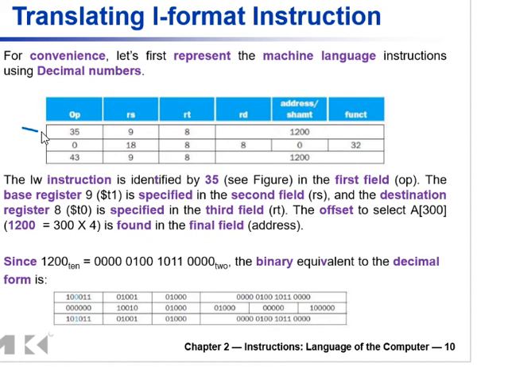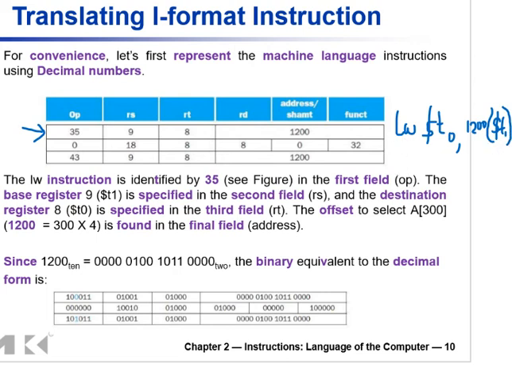Load word followed by the destination register. Let's assume that it is T0, comma, offset. Let's assume it is 1200. Inside the bracket you mention the base address, which is T1. So let's assume this is the instruction.